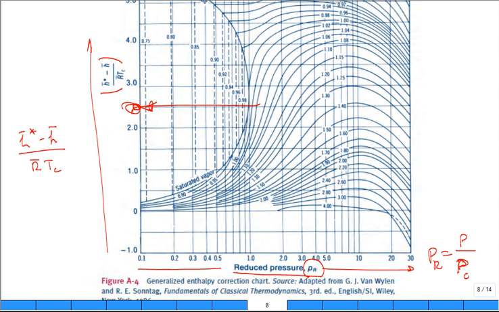Maybe the PR is 2 as an example, and the TR is 1.4. You would find where they intersect and read off that value. Maybe it's 1.2. Doesn't that look like about 1.2? And that's how you use the chart.